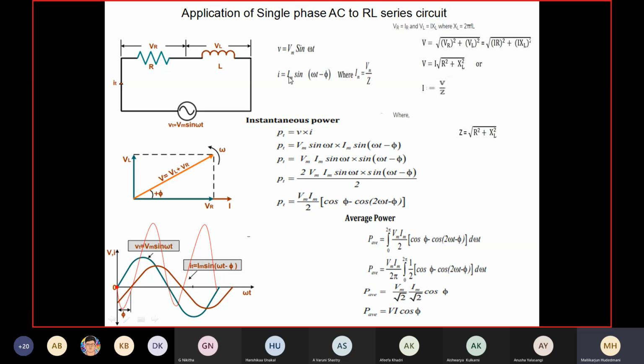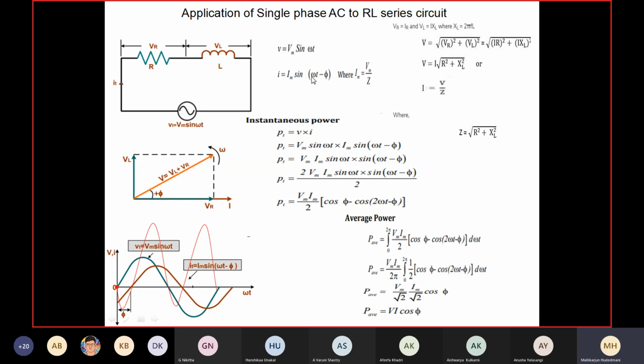Then from the vector diagram, the current is something like a peak value, sinusoidally progressing, omega t minus phi. This omega t minus phi is because Vm sin omega t is the resultant. This is called the applied voltage. Applied voltage is having what? Vm sin omega t. Where is the current?